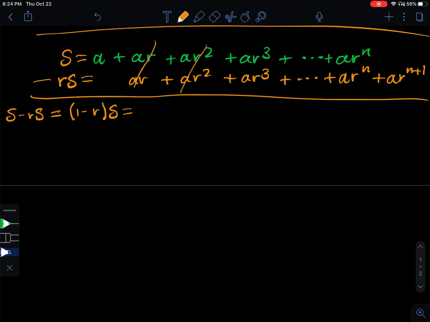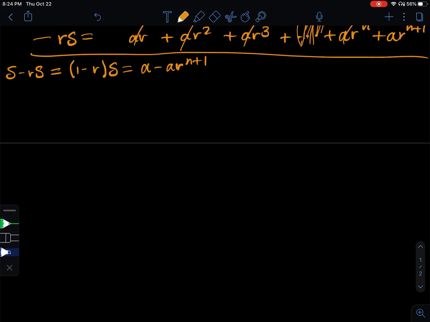Now we can subtract this. You can see these pairs cancel all the way to here. There's a bunch of canceling that takes place here. So the first minus last, and you'll have a minus ar to the power n plus 1. After this, to isolate that s, you want to divide by 1 minus r on both sides.